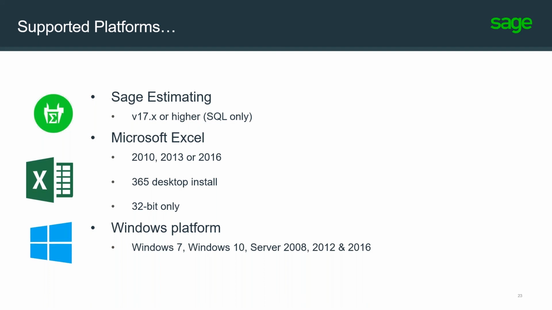There are a lot of new features and functions that you can take advantage of, including this one here. We've got Microsoft Excel 2010, 13, 16, 365 desktop, which is the one I've been using today. It is currently 32-bit only. And the Windows platform is Windows 7, 10, or the different server platforms 8, 12, and 16.